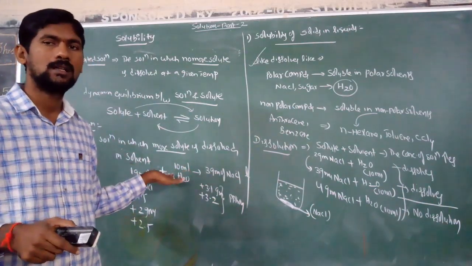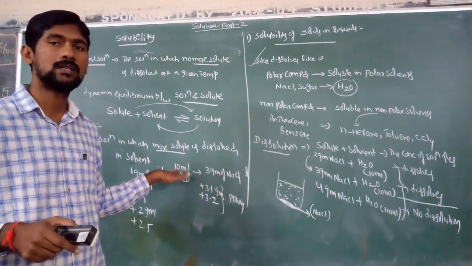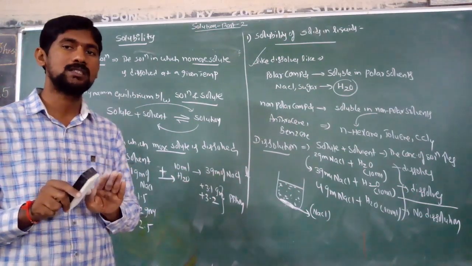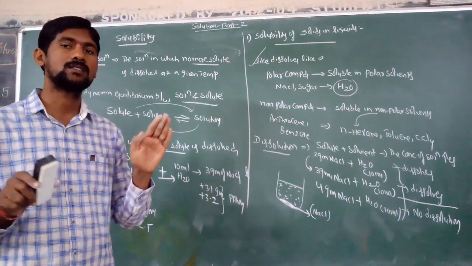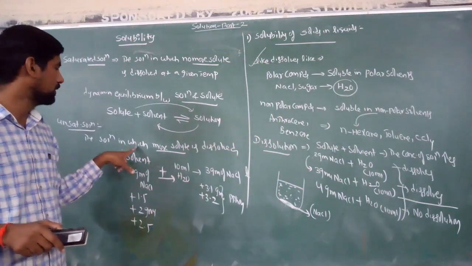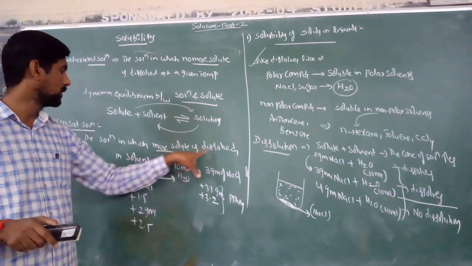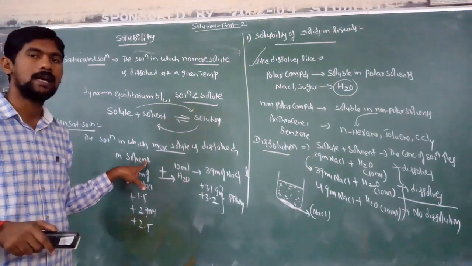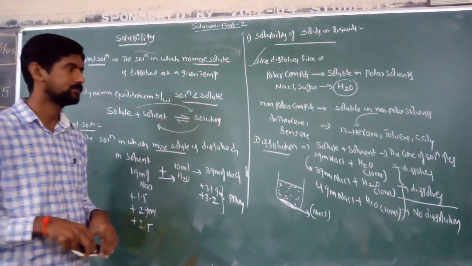Therefore, this is called an unsaturated solution. The solute amount is not sufficient for the given amount of the solvent. So what is an unsaturated solution? The solution in which more solute can be dissolved in the solvent is known as an unsaturated solution.